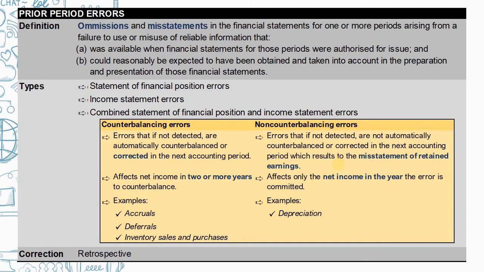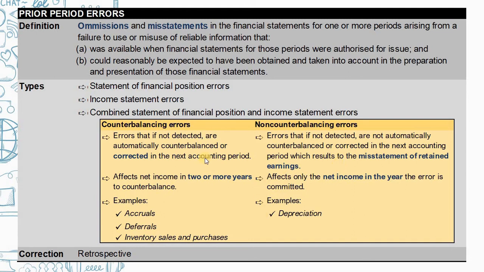If these errors were not discovered, the entity is unaware that the retained earnings is incorrect. That is why, unlike counterbalancing errors, non-counterbalancing errors should be discovered, of course, if such misstatement is material.